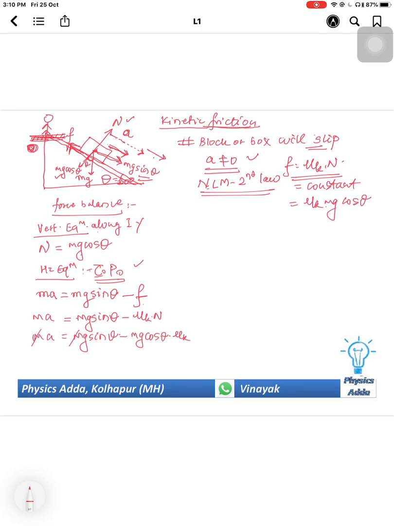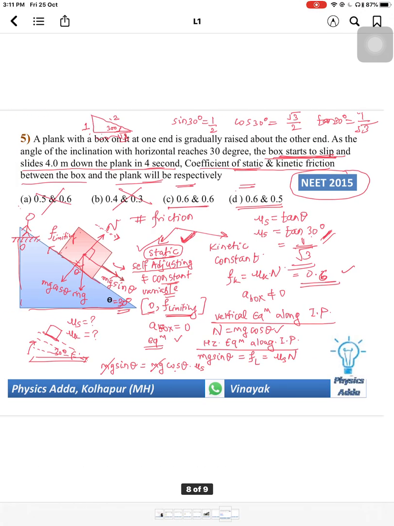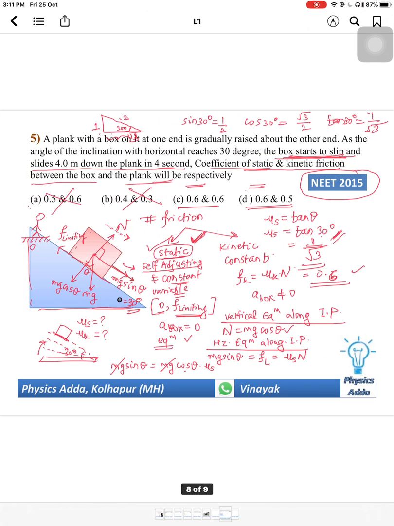The m gets cancelled. So a is what? a is g, taking common, sin theta minus mu k cos theta. Now, if you solve this problem, g can be taken as 10 meter per second square, and they have given some other information.